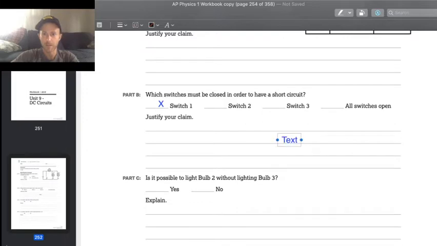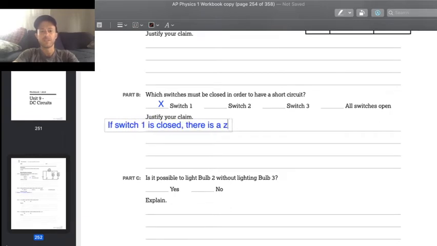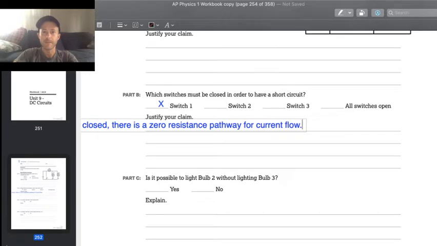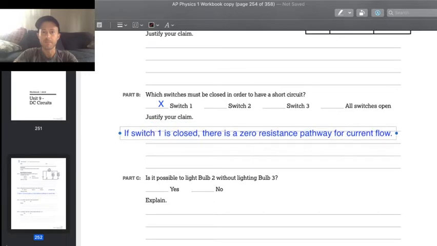Why? If switch 1 is closed, there is a zero resistance pathway for current flow. Boom.